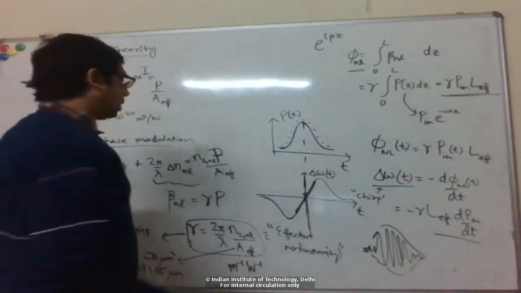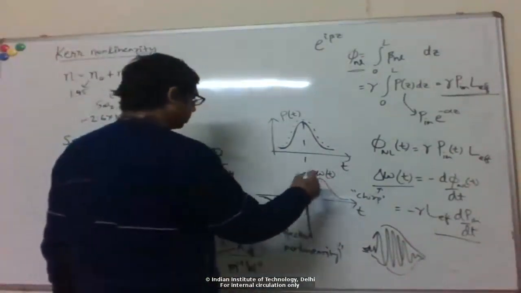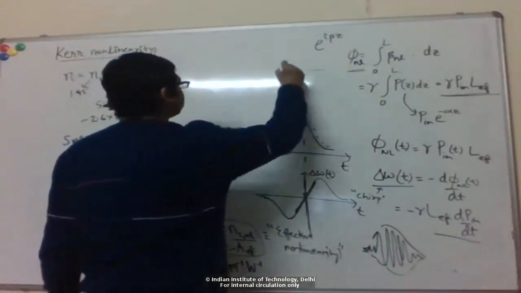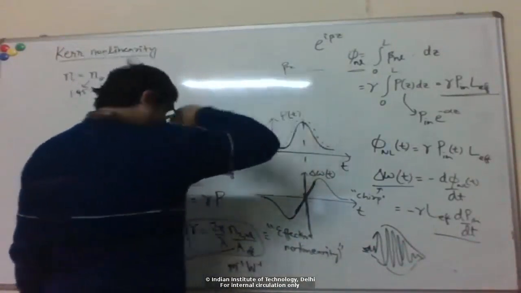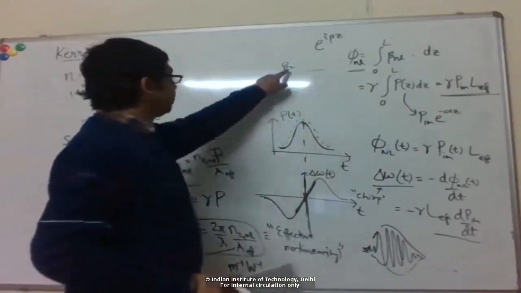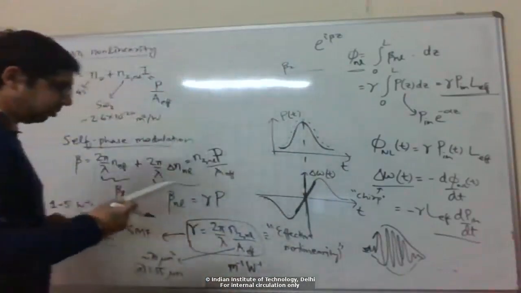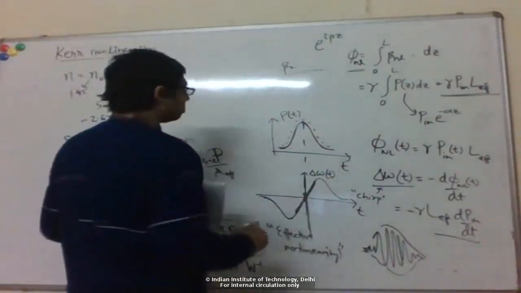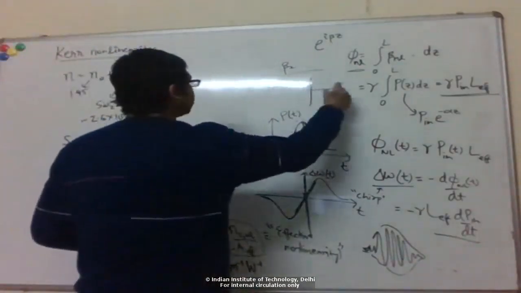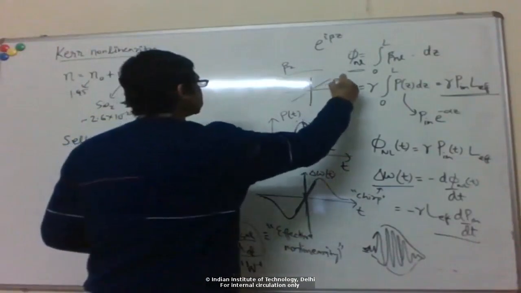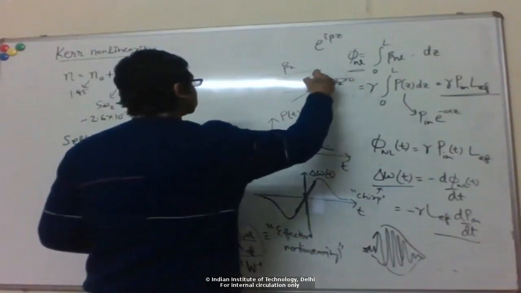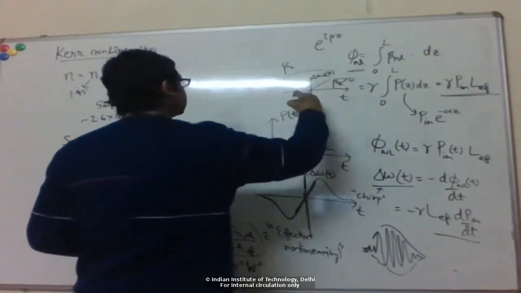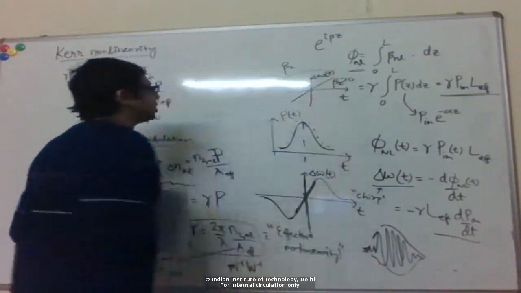Recall, if we had a dispersive fiber with beta 2 positive, that resulted in the same kind of chirp. So if beta 2 was positive, then the chirp was also positive.